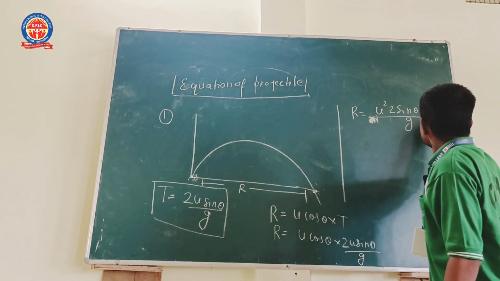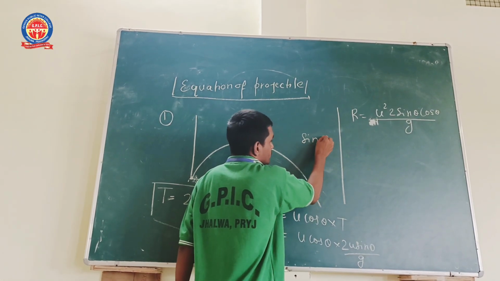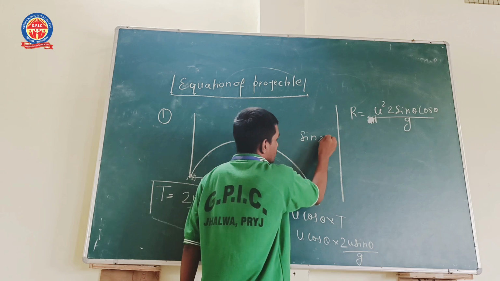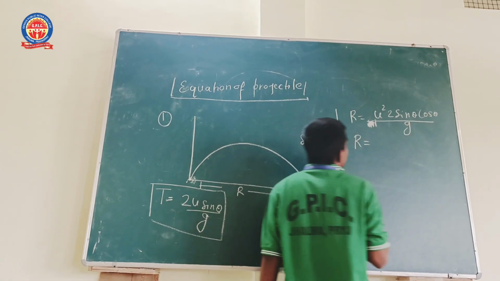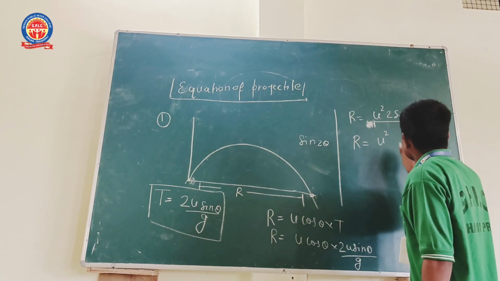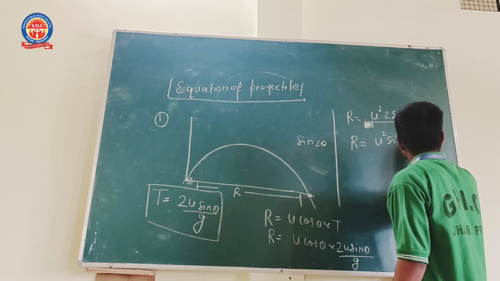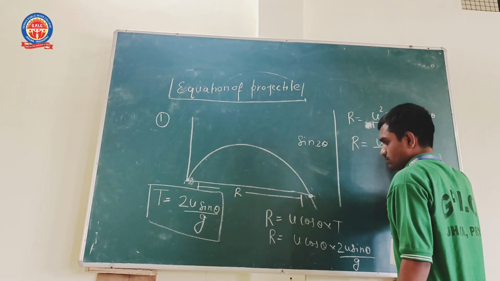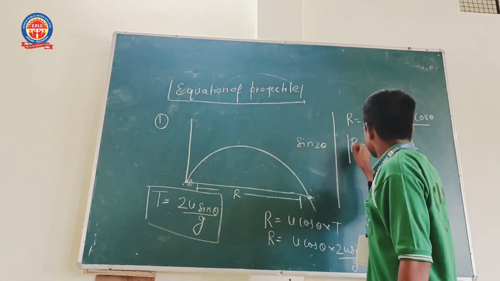And what is the value of 2 sin theta cos theta? It is sin 2 theta. Now put the value: R equals u square sin 2 theta by g. This is the range.